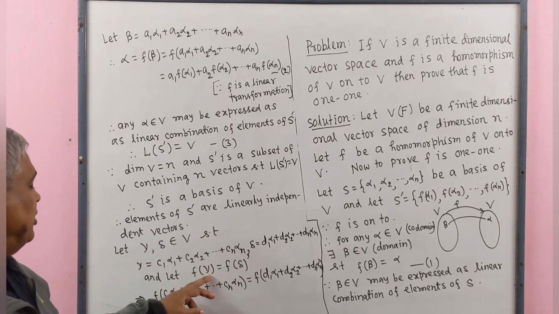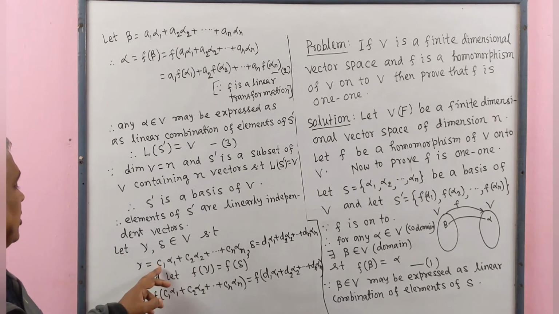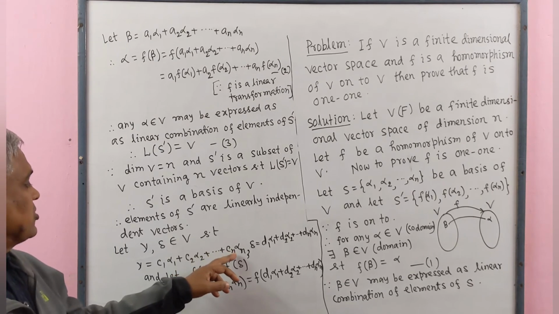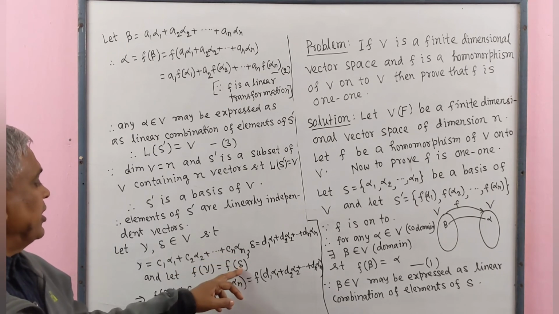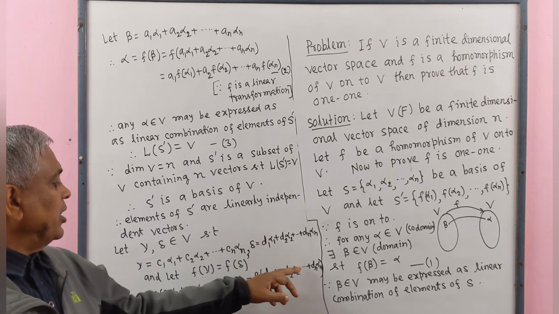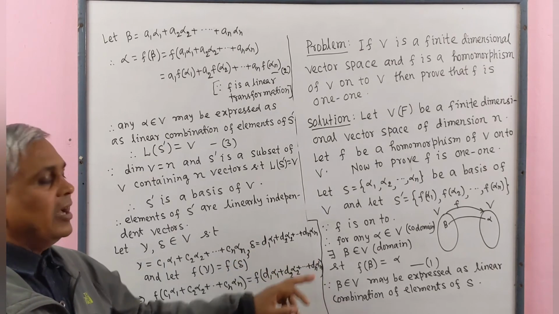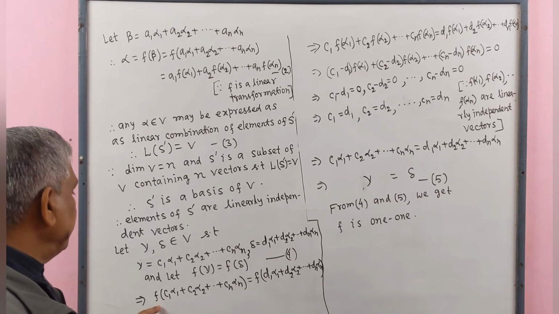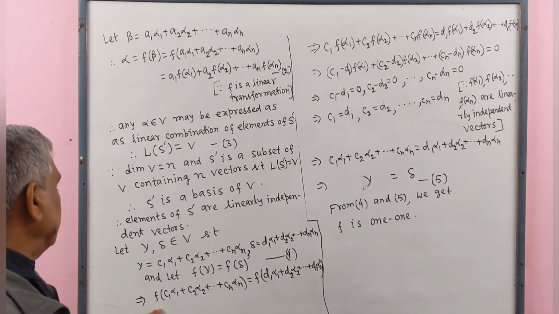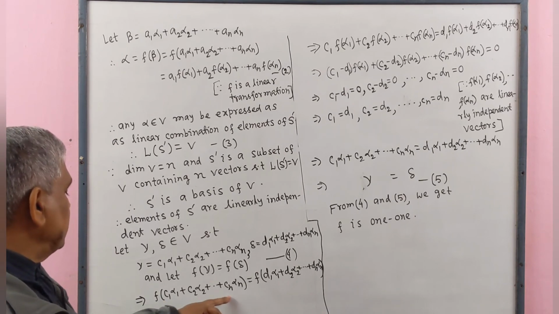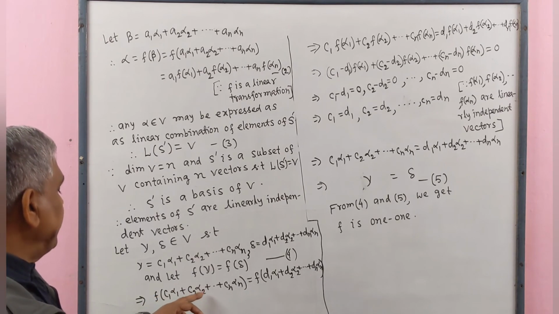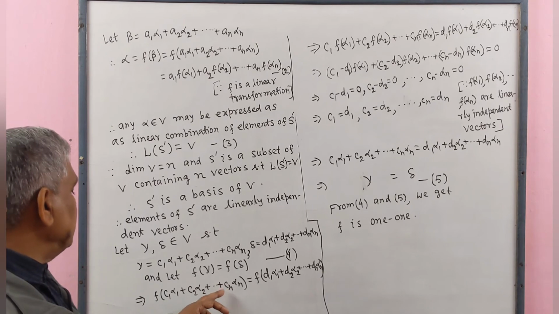In place of gamma we write its value c1 alpha 1 plus c2 alpha 2 plus ... plus cn alpha n. In place of delta we write d1 alpha 1 plus d2 alpha 2 plus ... plus dn alpha n. Since f is a linear transformation, that is homomorphism, therefore this equal to c1 f alpha 1 plus c2 f alpha 2 plus ... cn f alpha n.